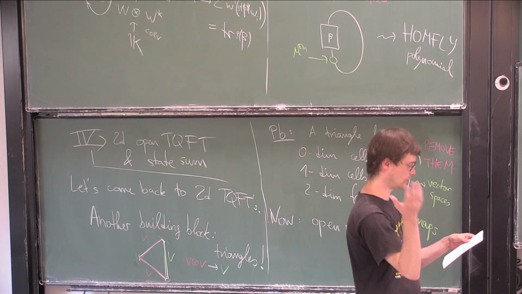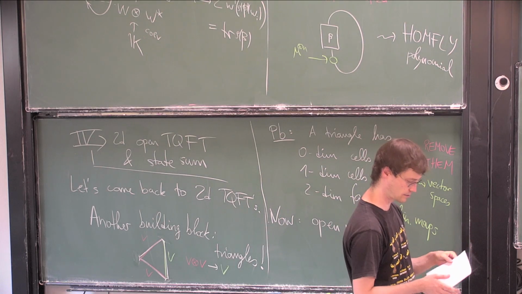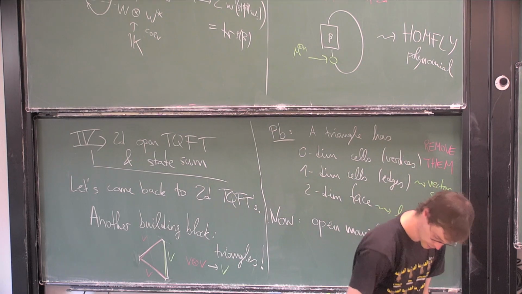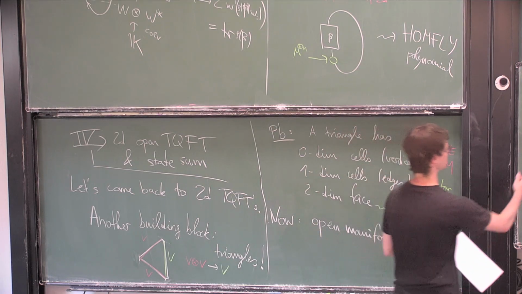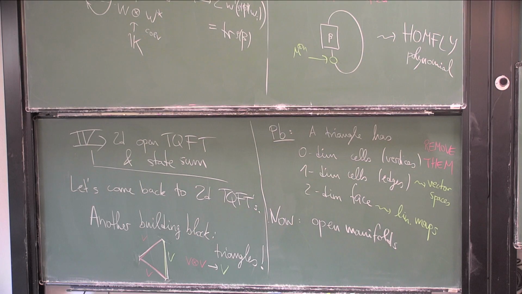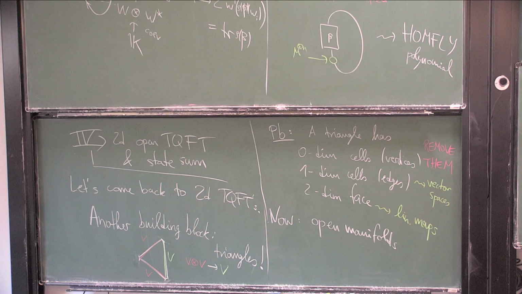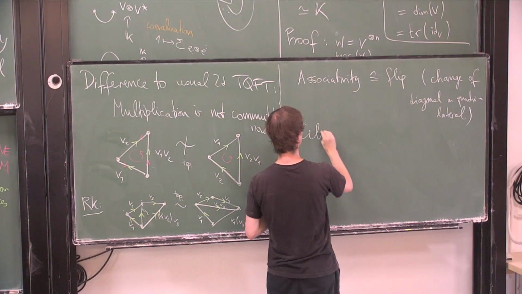Okay, so now we have a new way of playing around. We have now new building blocks, and let's just put them together. And what we get is what is sometimes called a ciliated surface.